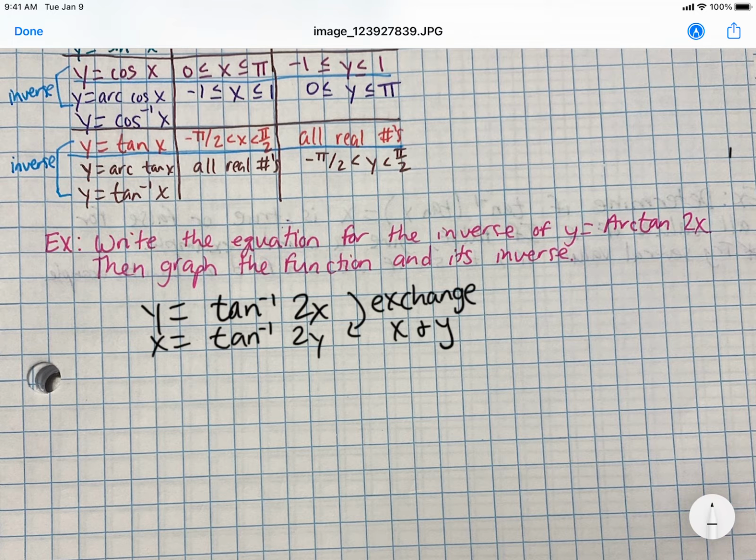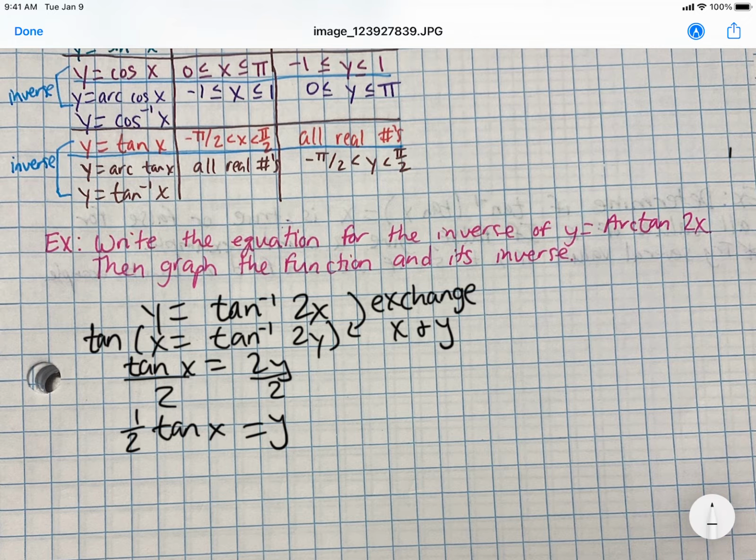And now we're going to go ahead and solve for y. The way to undo an inverse tan is we take the tan of both sides. So now we'll have tan of x equals 2y, divide by 2, and our y is going to equal 1/2 tan of x.